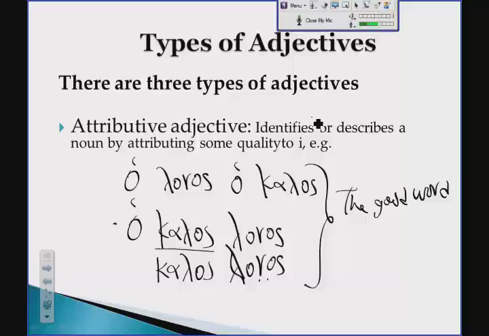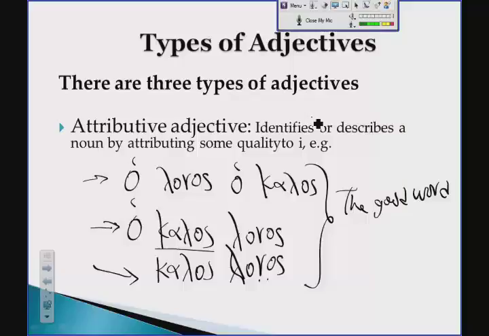Will you remember this? Three? This is the most difficult. The attributive adjective construction is the most difficult. The other two are very straightforward. The article, in the first scenario, the adjective will have its own article.